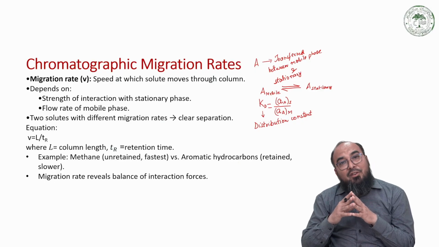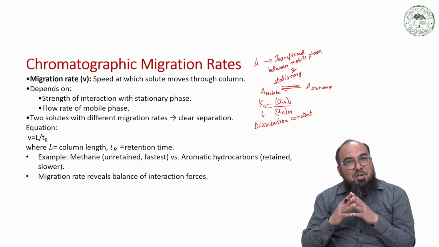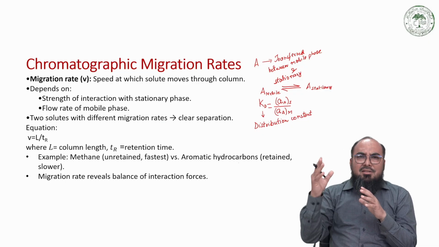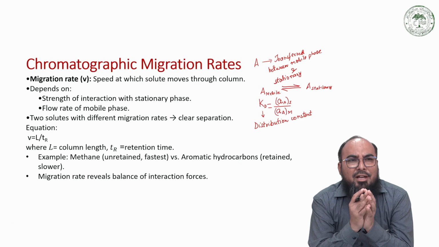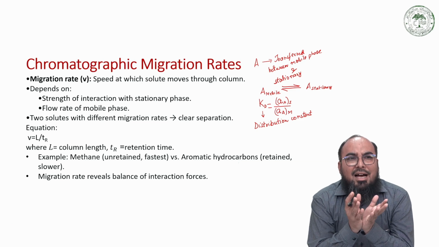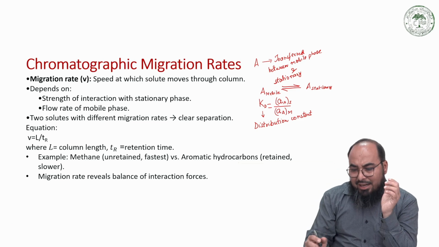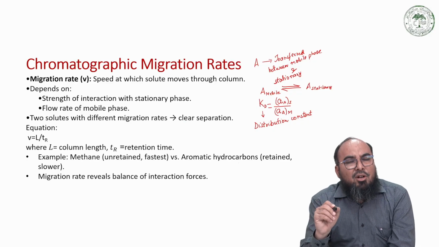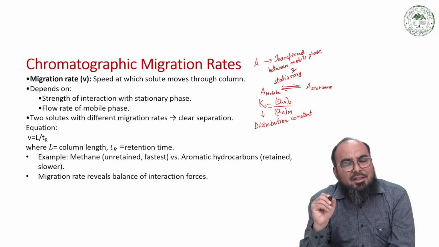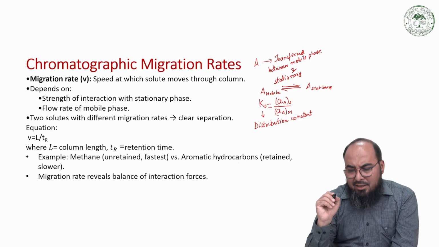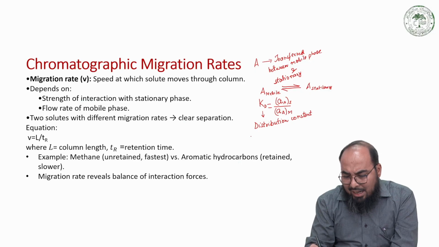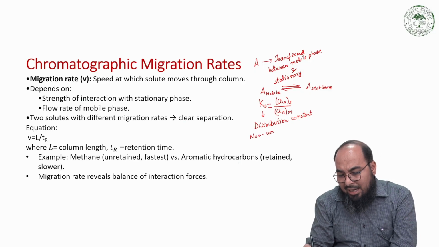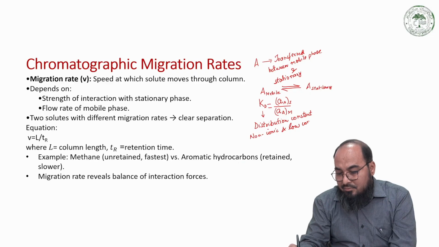And how the value of Kd affects the migration rates and the column performance, these are very interesting, and we are going to dwell on these aspects in our coming slides. So at this point of time, we have defined Kd in terms of the activity of analyte A in the stationary phase as well as in the mobile phase. Now let us suppose that your analyte is non-ionic and has low concentration.